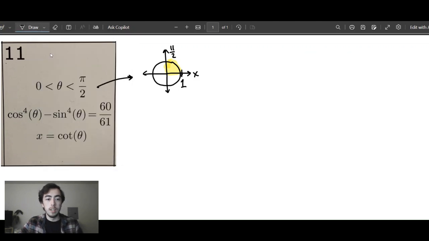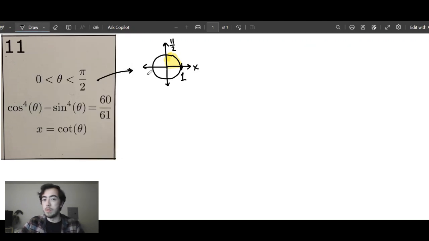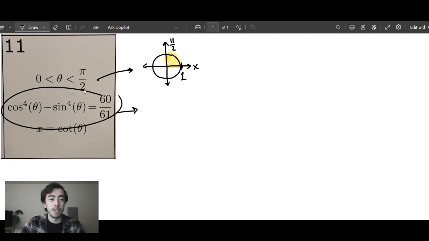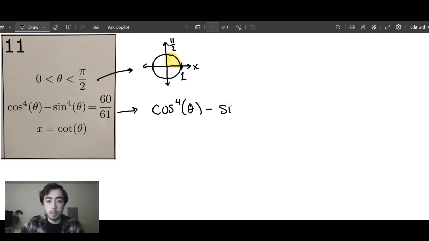Okay. The second part is going to be the meat of this problem. This is really the hard part here, I think. Trying to figure out how we extract this value of theta from this equation. So I'll just rewrite it. Cosine to the power of 4 of theta minus sine to the power of 4 of theta is equal to 60 over 61.